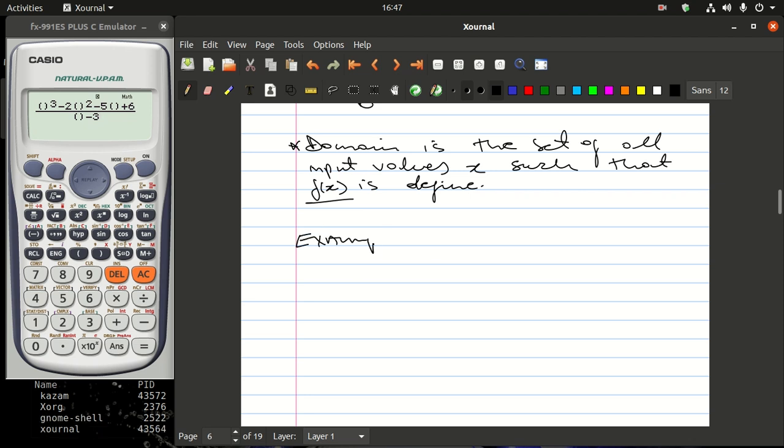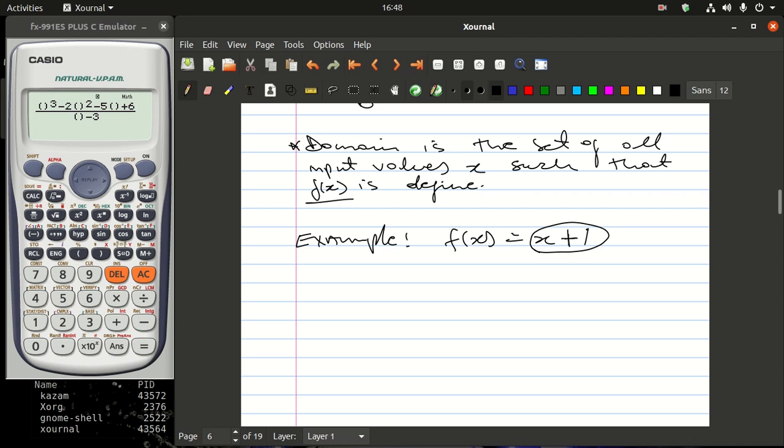Now let's take some examples here. Suppose you have this example here, f of x is equal to x plus 1. Now we want to plot this, or even without plotting this, what will be the domain of this function? Remember that this function doesn't have a root, doesn't have a power, it's not a special function, it's just a simple polynomial.